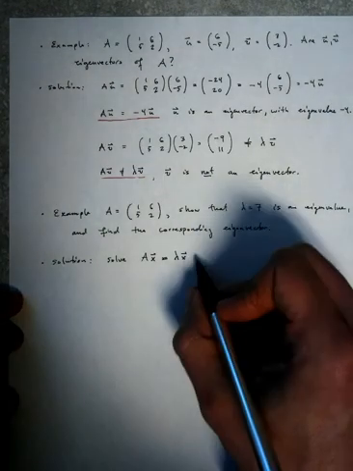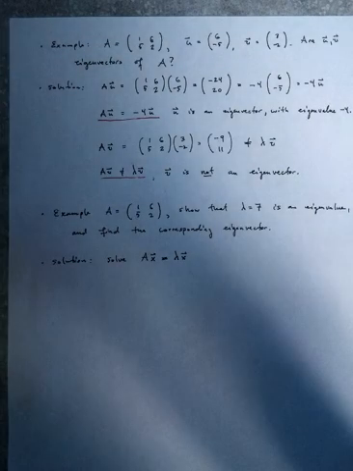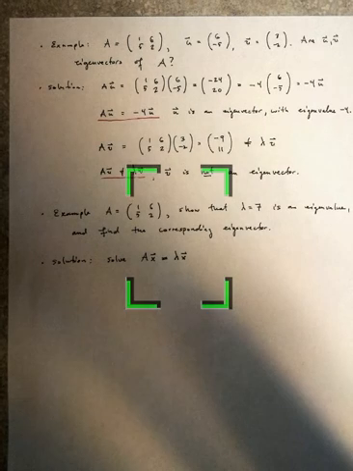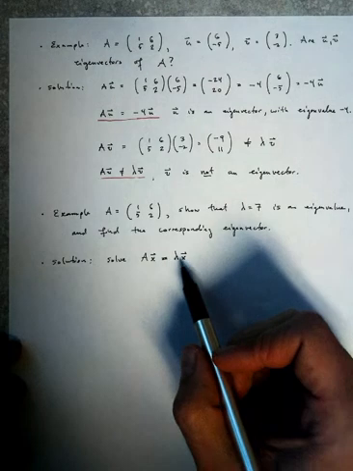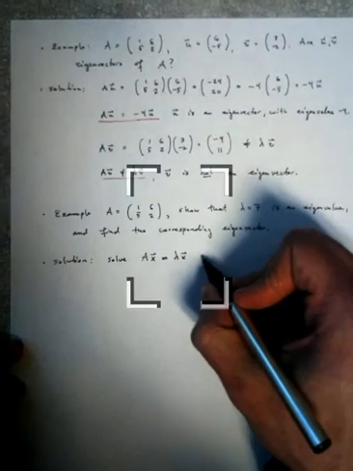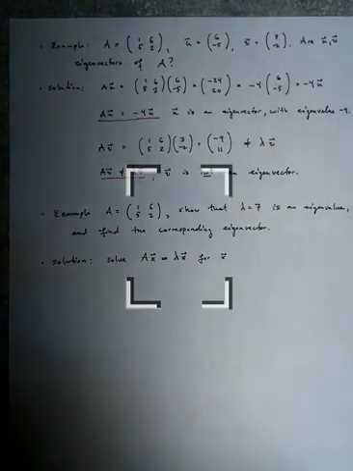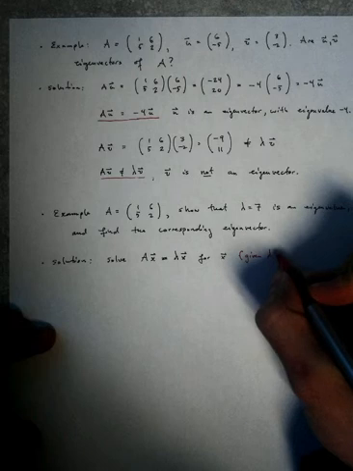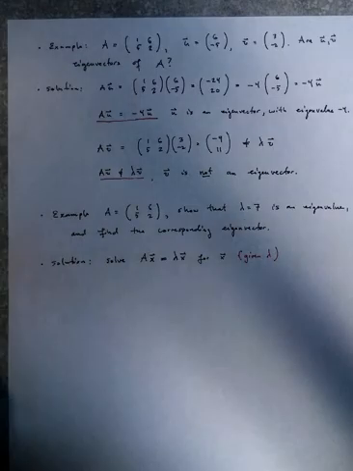In this case, I'm given lambda is 7, but let me just leave it as lambda for now. I want to solve this for x.